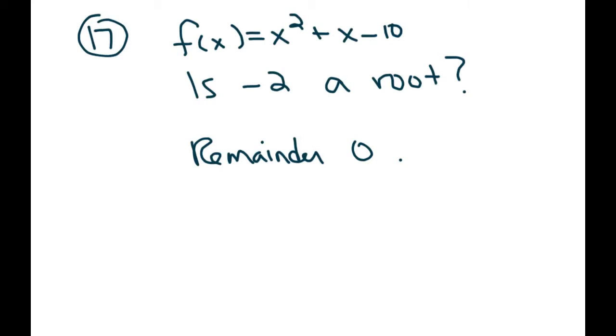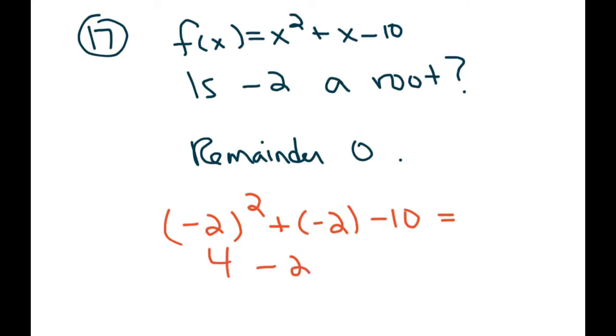One way, the remainder theorem, says that if you plug negative 2 in for x, whatever value it equals would be the remainder. So 4 minus 2 minus 10 is not 0. The remainder would be negative 8.